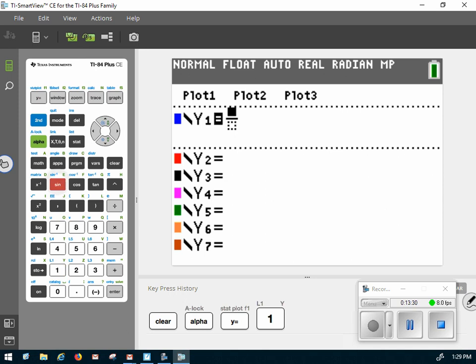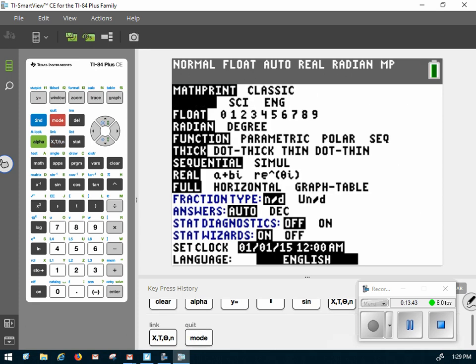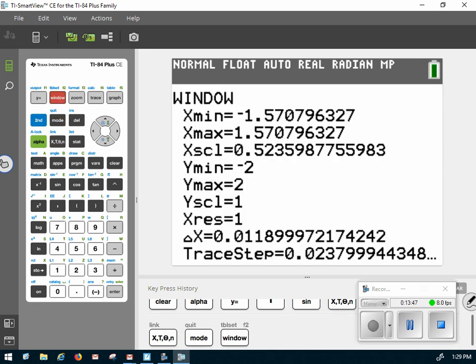Sine theta over theta. Remember, you're just going to use x instead of theta. Are you all in radian mode? Go to your window. Notice this is a limit. If you look at the very bottom of the page, it says the limit as theta approaches 0.